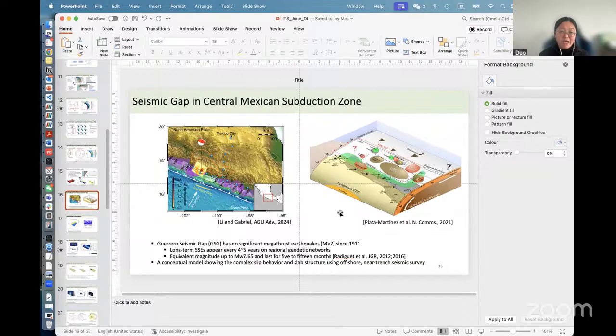So they can have dehydration very quickly, and the dehydration will increase the fluid pressure a lot, and that will promote slow slip. So compared to the temperature and the fluid condition, the plate convergence rate will be a minor factor.